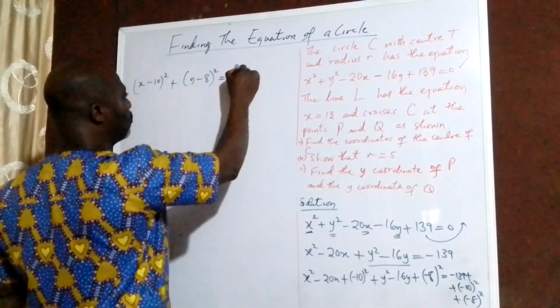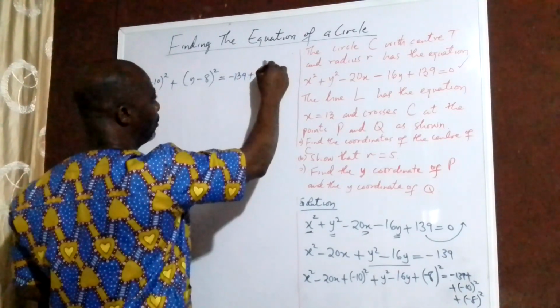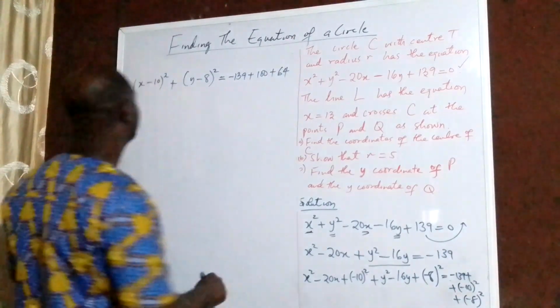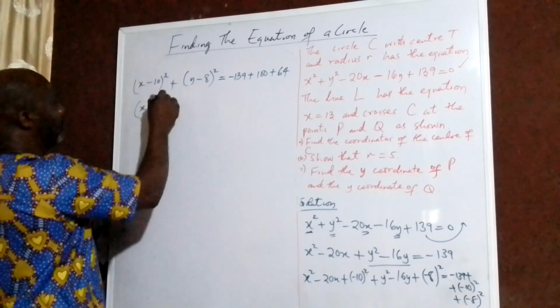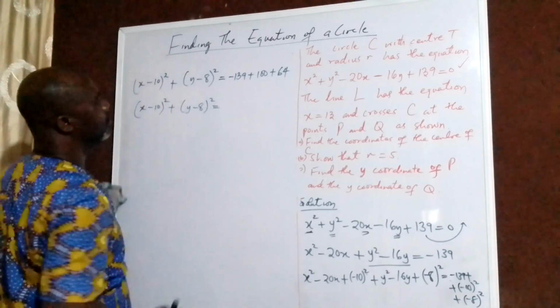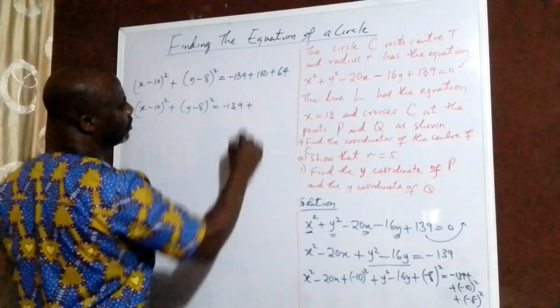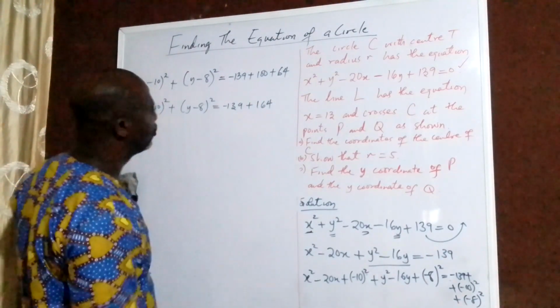I have minus 139, plus 10 squared is 100, and plus 8 squared is 64, okay? So here, I'm going to have x minus 10 squared plus y minus 8 squared equal to minus 139 plus 164. I think that should be 25.